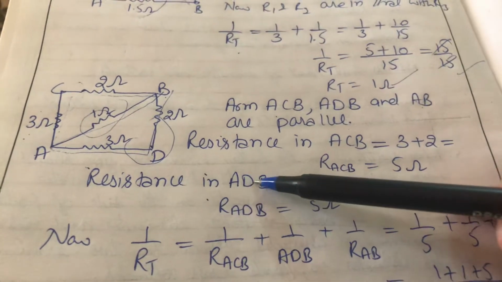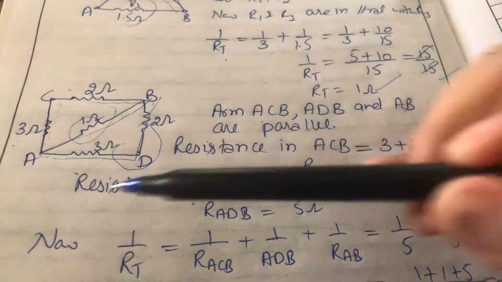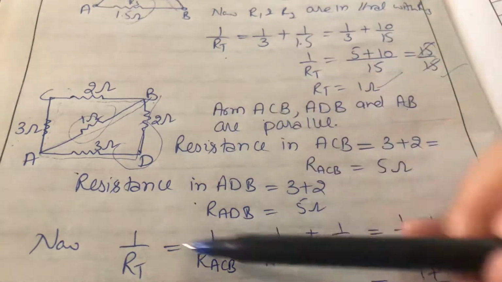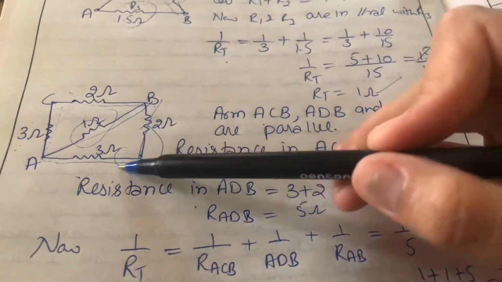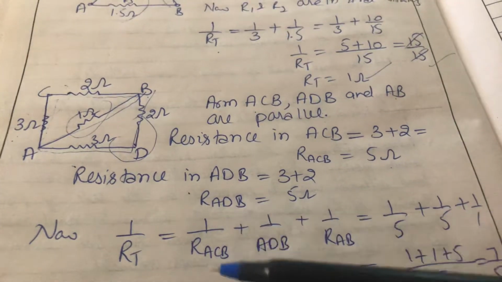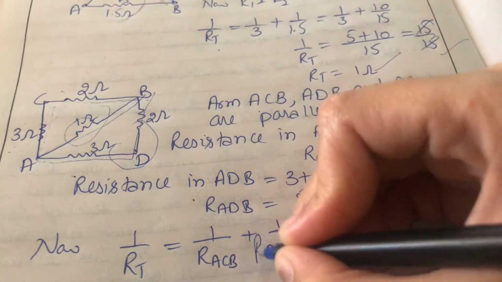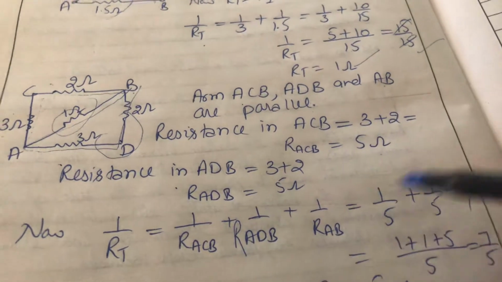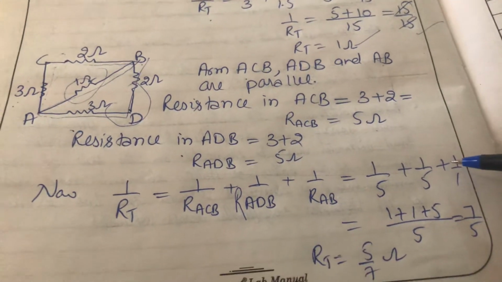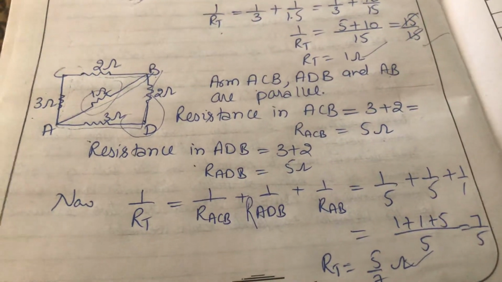So, resistance of ACB will be 3 plus 2, that is 5 ohm. In the same way, resistance of arm ADB will be 3 plus 2, 5 ohm. But these 3 are in parallel, 1 upon RACB plus 1 upon RADB plus 1 upon RAB. They all are in parallel. So, solve it and this is your answer.